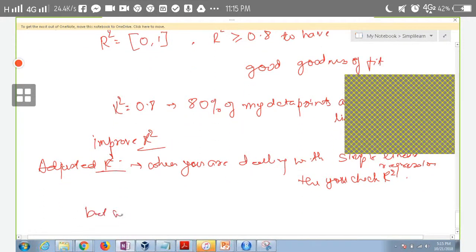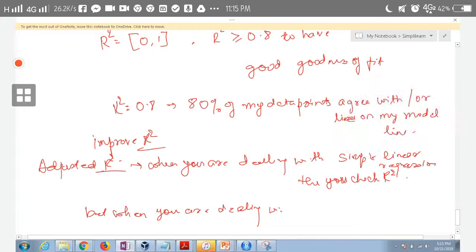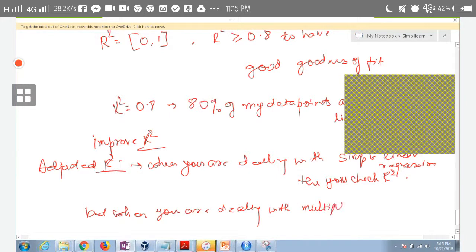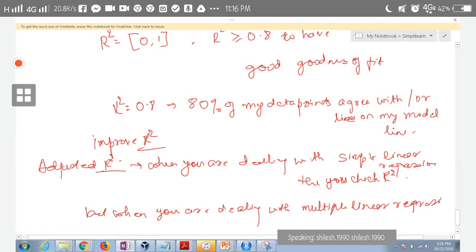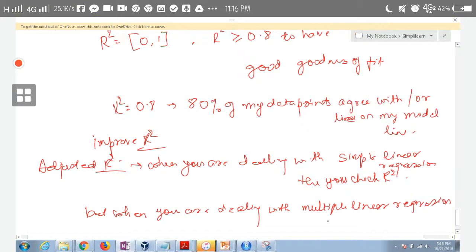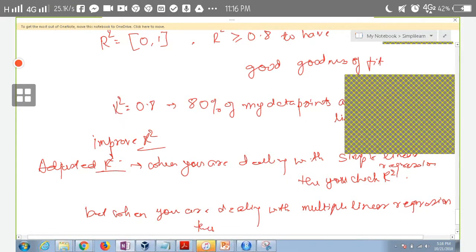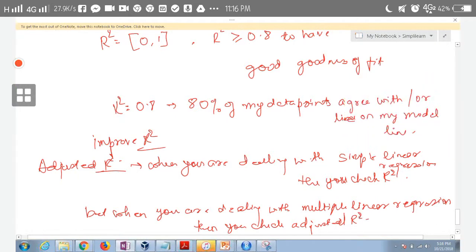But when you are dealing with multiple linear regression, then you check adjusted R square.